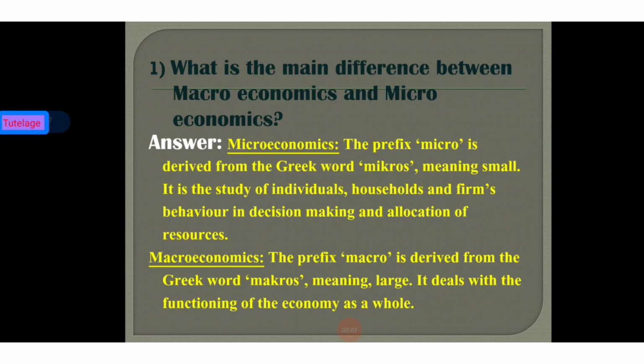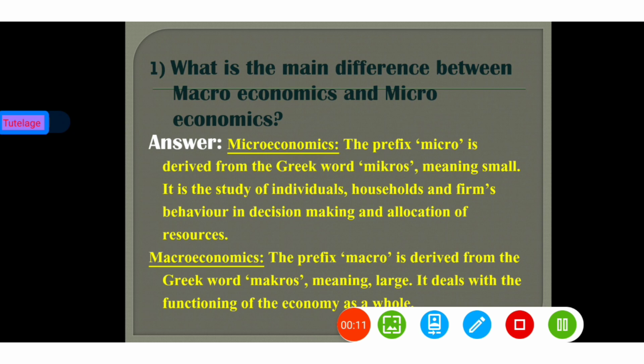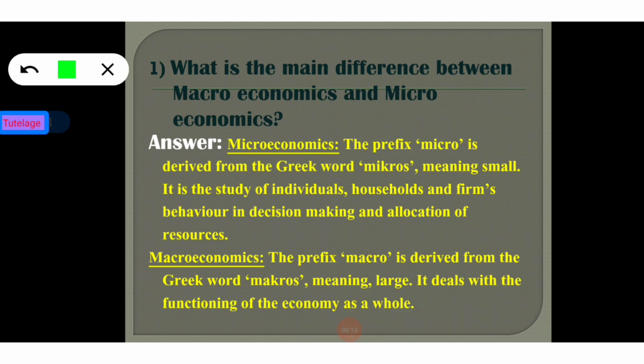So here we can see the first question, which is one of the most important questions of economics, that is, what are the main differences between macroeconomics and microeconomics. In microeconomics, the prefix micro denotes small. So microeconomics is the study of individuals', households', and firms' behavior in decision making and allocation of resources.